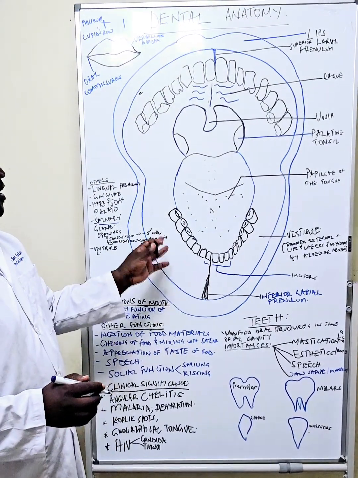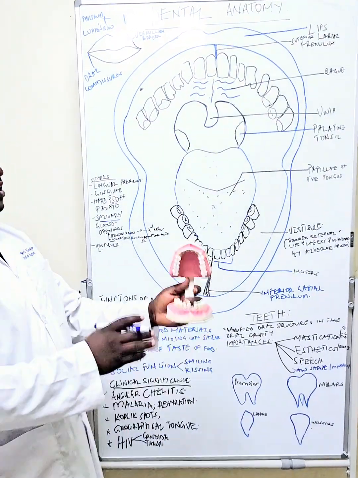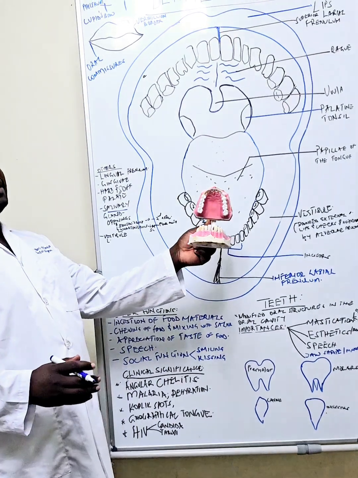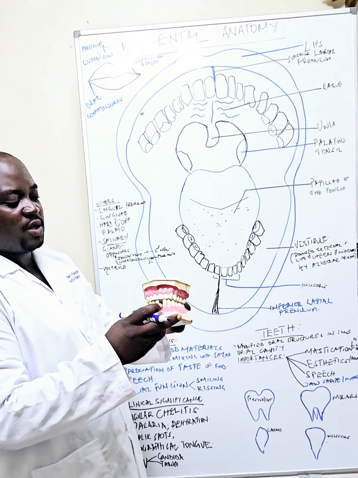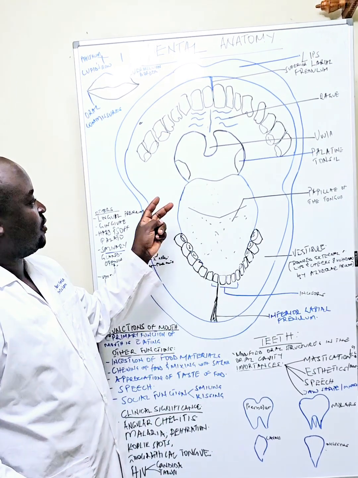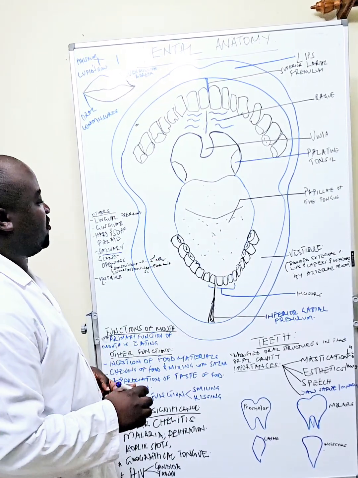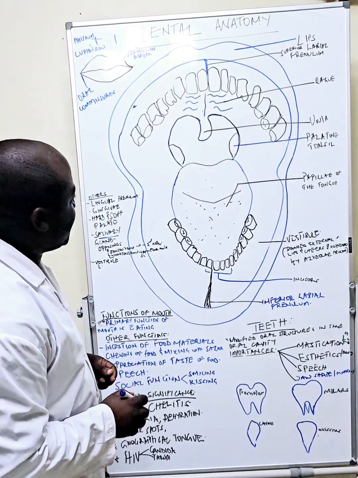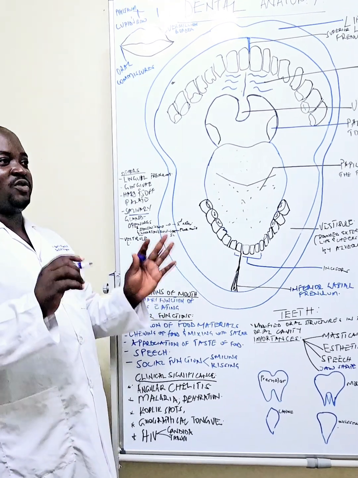A healthy oral mucosa is pink in color, and that is why you see the model also is pink. Depending on the individual it can be darker, but as we are checking the oral mucosa, it should be pink in most individuals. Then we also have the gum. We shall have a full slide about the gum.